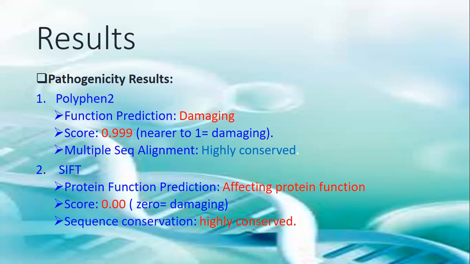We also check the multiple sequence alignment. The alignment was highly conserved on either side of our mutated location. Second, we check the mutation with another tool, SIFT, for protein function prediction. SIFT gave us the predicted result that this mutation can affect the function of the protein, along with a predicted score.